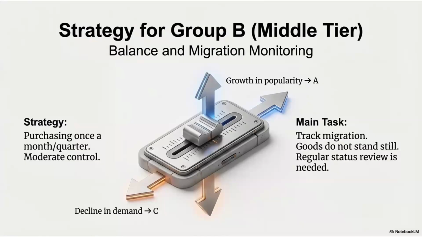Daily monitoring, as for flagships, is not needed here, but letting the process run its course for a whole year, as with cheap parts, would be too risky. Safety stock is maintained at a moderate level. It should be sufficient to smooth out small demand fluctuations, but not so large as to freeze significant amounts of working capital. However, the most important management task regarding Group B is the constant monitoring of its dynamics.